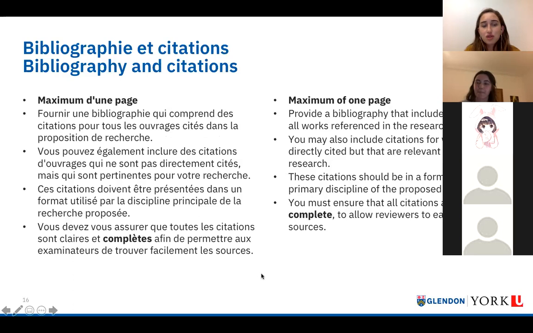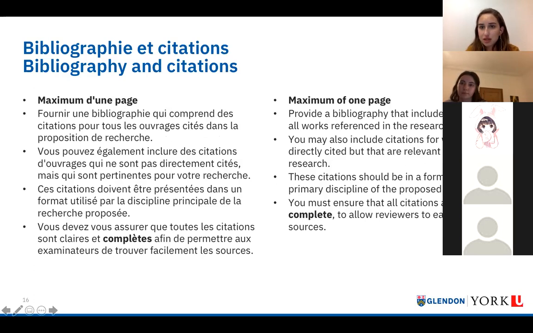Okay. So this is the information about the bibliography and citations. As we just mentioned, you have to include in-text citations, but you're going to cite them on a works cited or a bibliography.